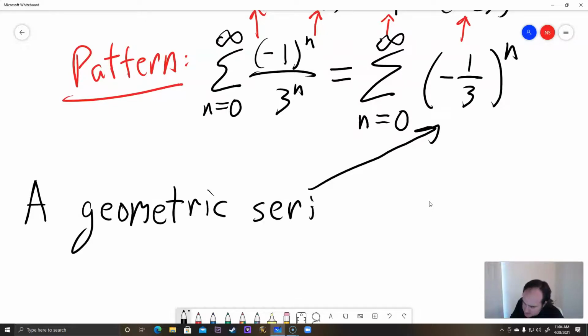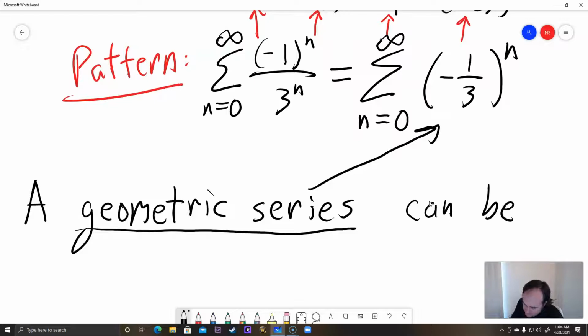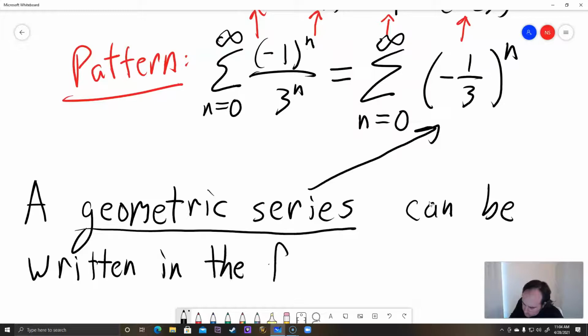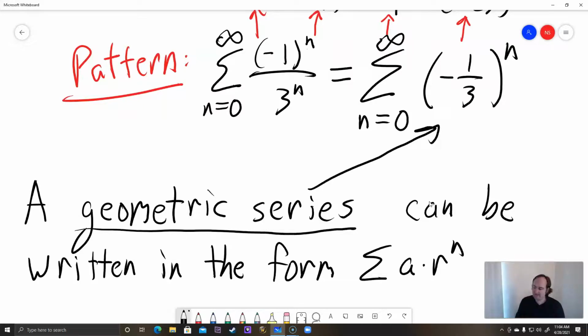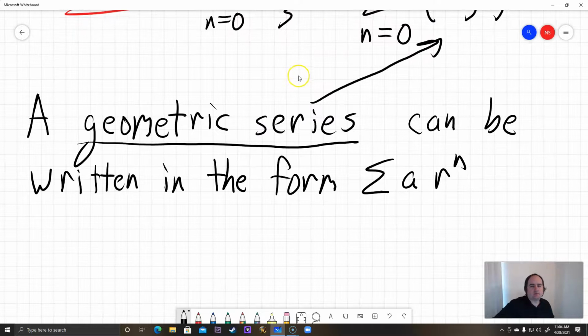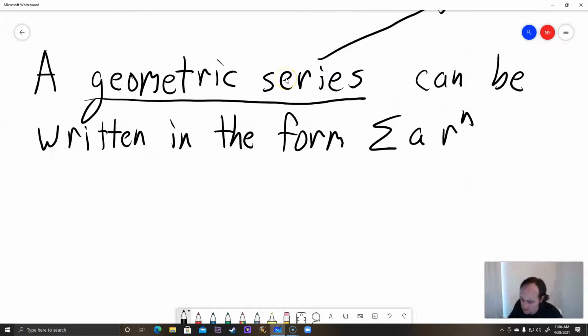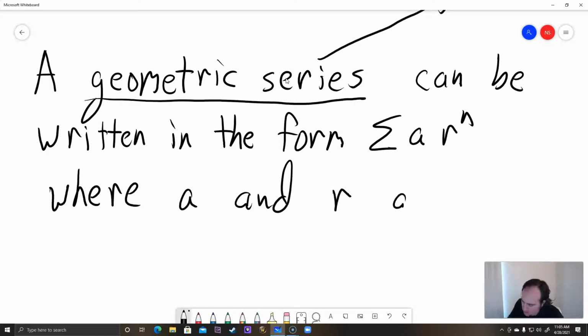A geometric series can be written in the form the sum of a times r to the n, where a and r are constants.